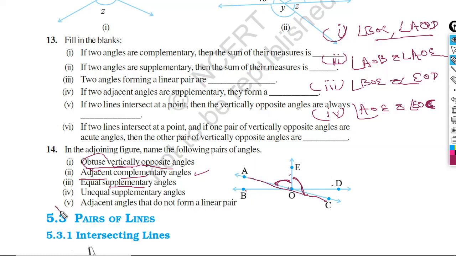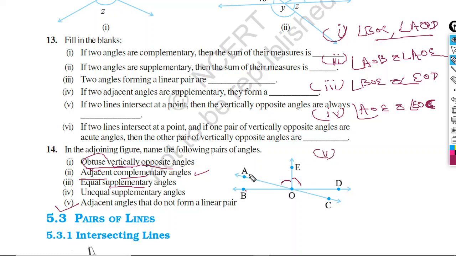Now question B: adjacent angles that do not form a linear pair. Again we will clear the figure. Look at this angle AOE and EOD. They are adjacent angles and also they are not a linear pair.